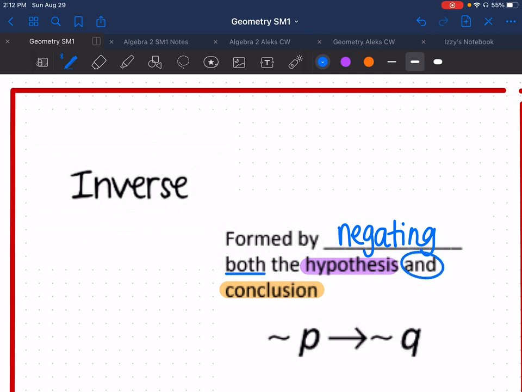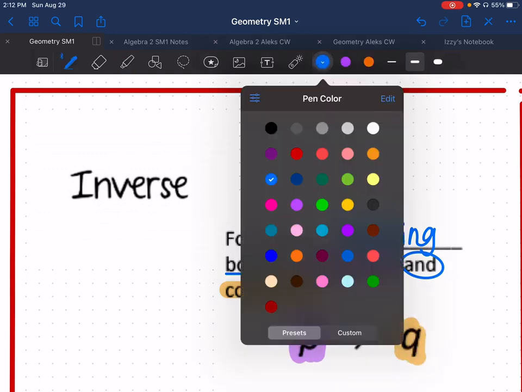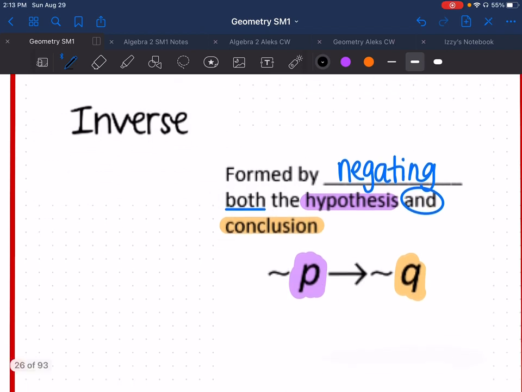You have to say, if not the hypothesis, then not the conclusion. They must both be negated. And just remember if the word not is already there, we don't add it again. We don't say it's not raining. We simply would say it is raining.